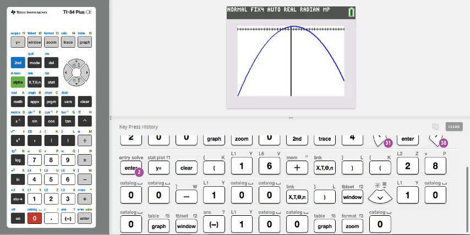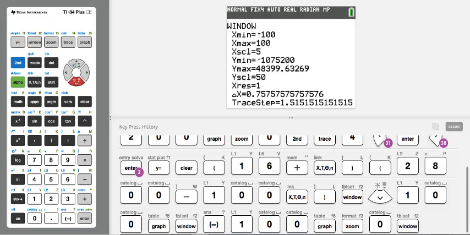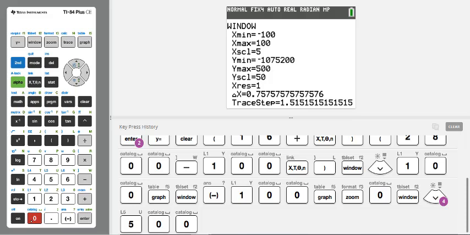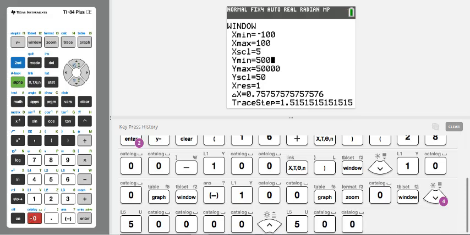So now that I've got zoom 0, I can lower my Y limit. It's 48,399. We're going to say 50,000. And then I'm going to lower this to negative 5,000.